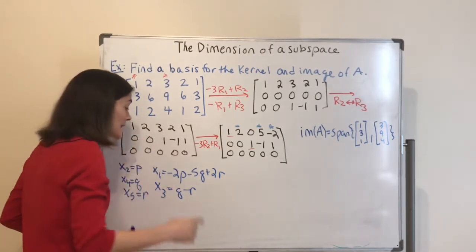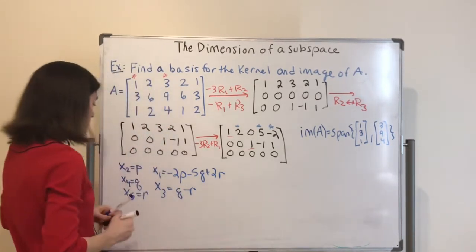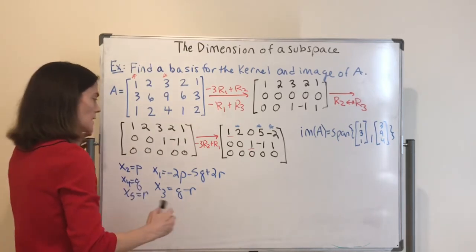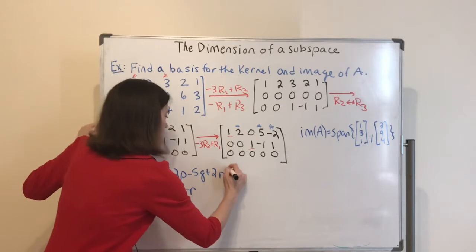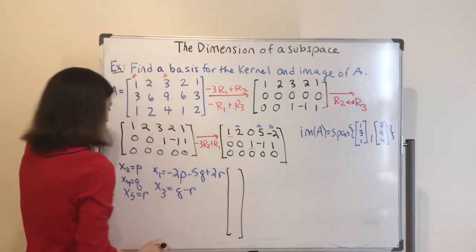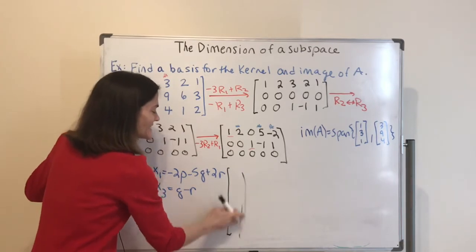Okay, so now we can write what a general vector in the kernel looks like with these 3 letters. I'll put it here. Oh, I'm going to need more space than that.